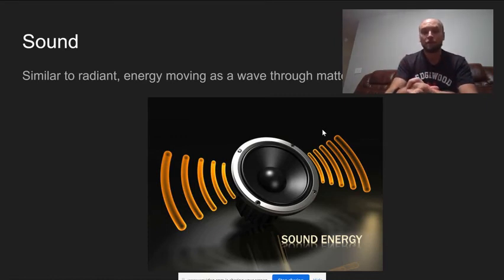You have a source and it causes energy to ripple out. So for examples with this, you can think of places where you've heard things that generate sound energy. So things like stereos, headphones, objects clanking, basically anything that makes a sound. And do your best to draw a picture for how this one would work.